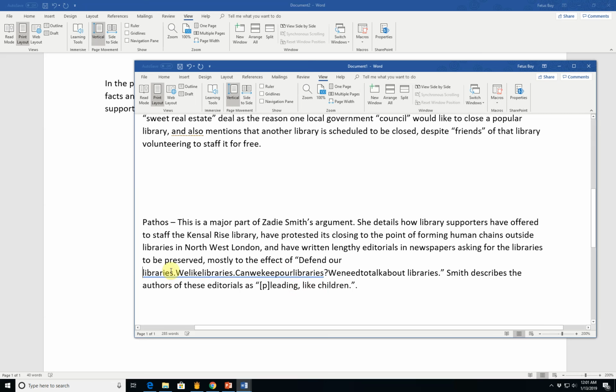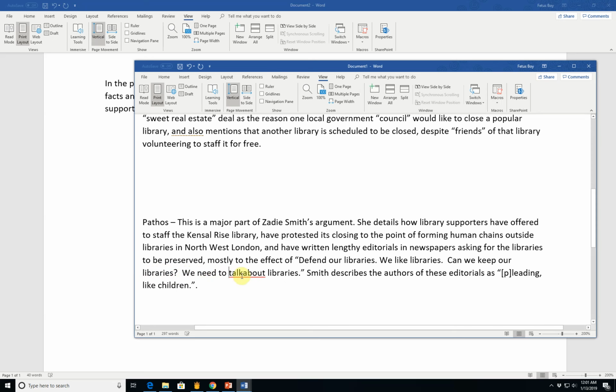So again, this is copying from Adobe, so I have to put in these spaces. Can we keep our libraries? Oops. Can we keep our libraries? We need to talk about our libraries. Okay, we need to talk about libraries. All right.